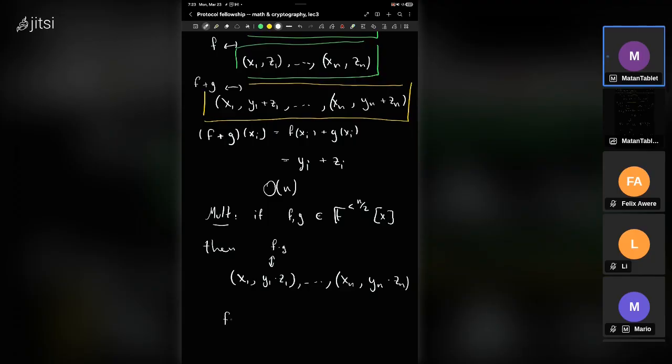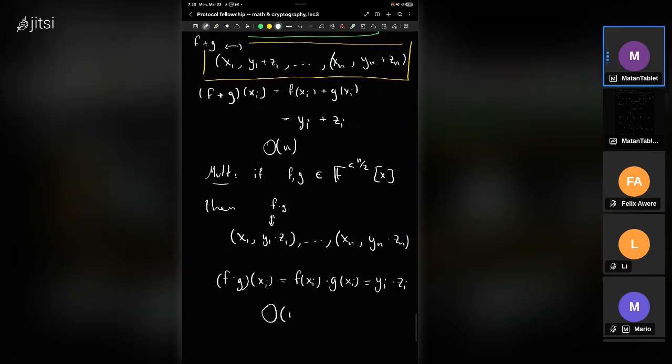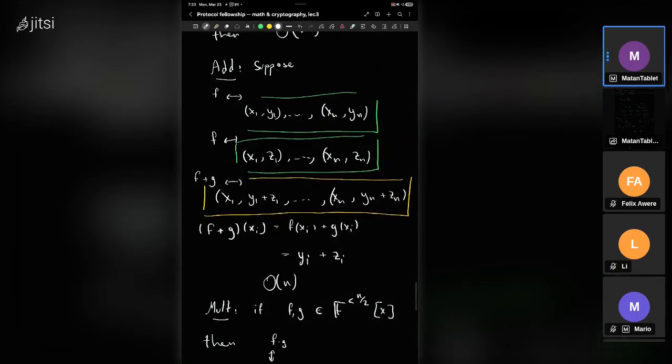Because when you do f times g and you evaluate it on xi, what you get is f of xi times g of xi, which is yi times zi. Okay, so the multiplication here I did in O of n, assuming that the x coordinates of the sampling representations of f and g are the same.